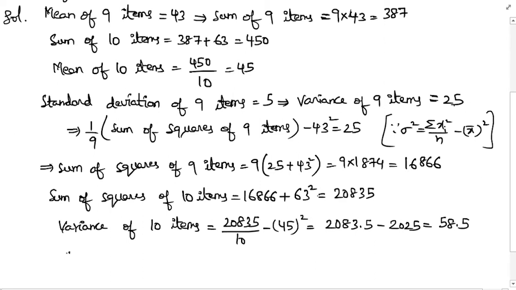So the standard deviation of 10 items is equal to root of 58.5, which is equal to 7.65. So this is the new mean and this is the new standard deviation.